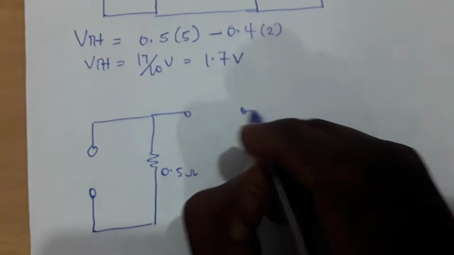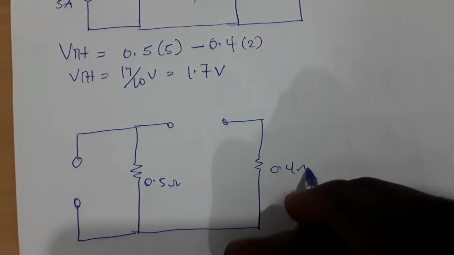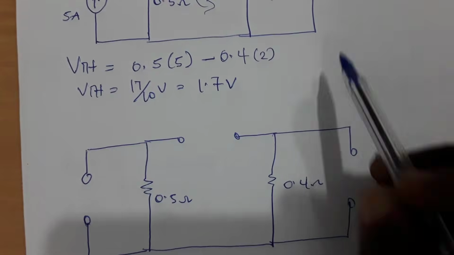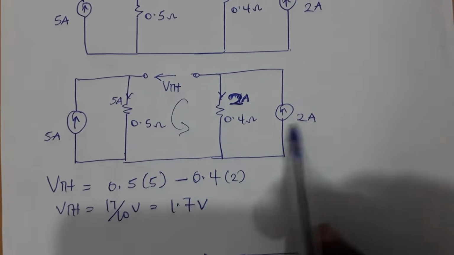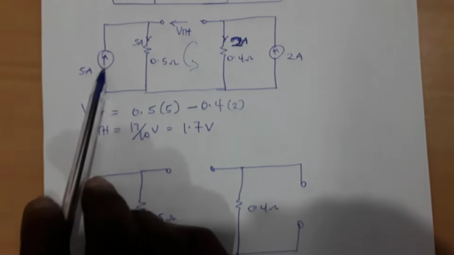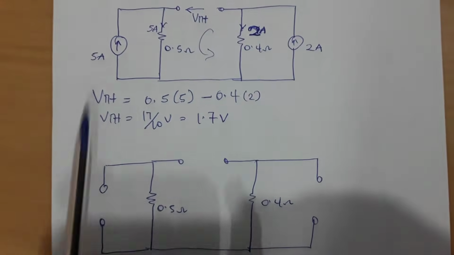We have our VTH here. This will be 0.4 ohm, and we will open. You see there is 2 amperes here, which is a current source, so we open it here. In here is 5 amperes, so we open because this is a current source.